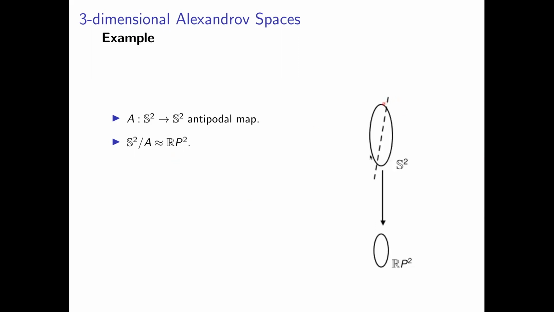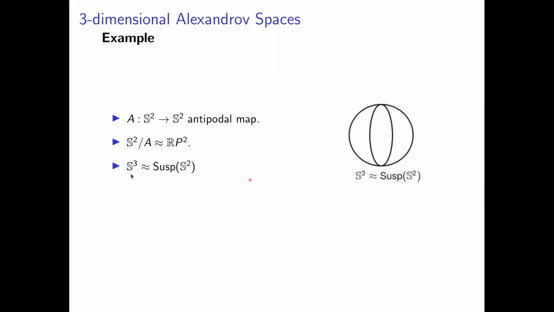Now I want to draw something in dimension 3, so I will think of this as being one-dimensional. This is S2, and RP2 is just a shorter circle. And now we take the round 3-sphere, which is the suspension of S2 with the spherical suspension metric.